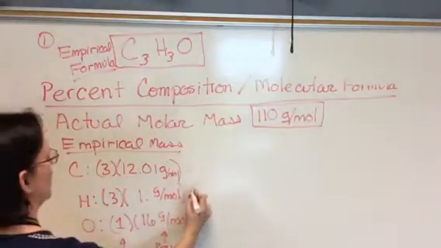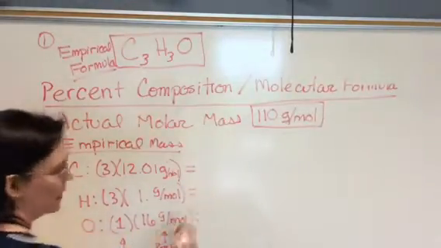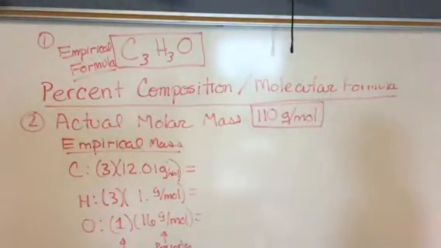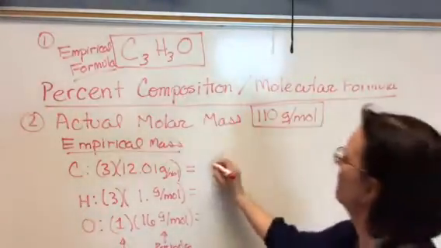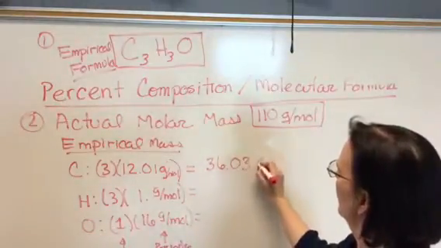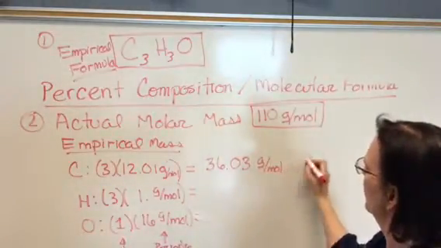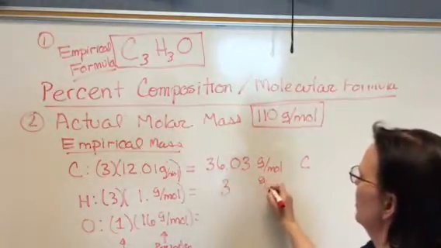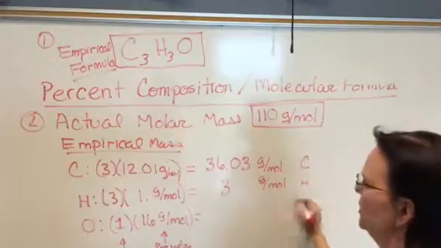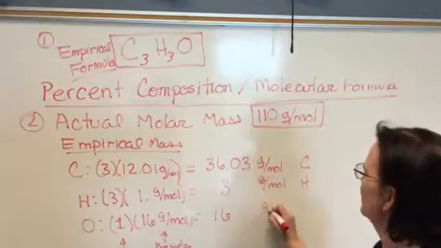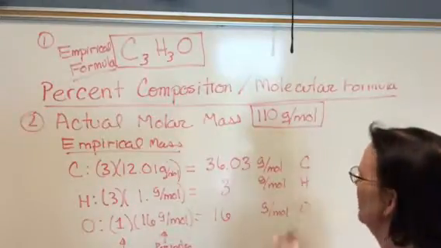Okay, so when we calculate those, we are going to end up with 36.03 grams per mole coming from carbon. 3 grams per mole will come from hydrogen, and 16 grams per mole will come from oxygen.